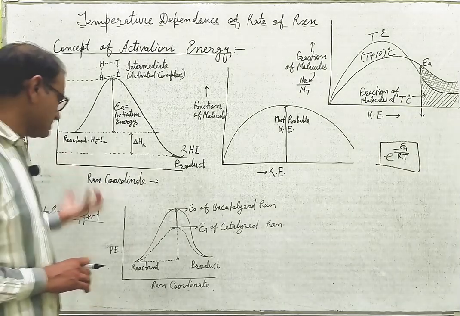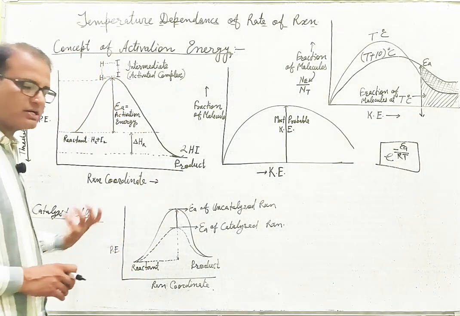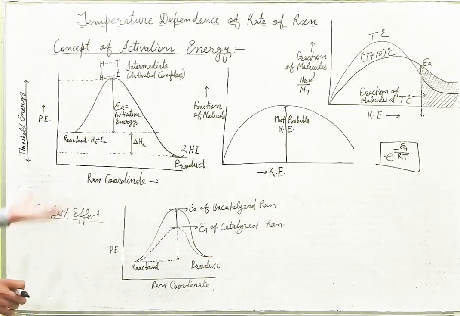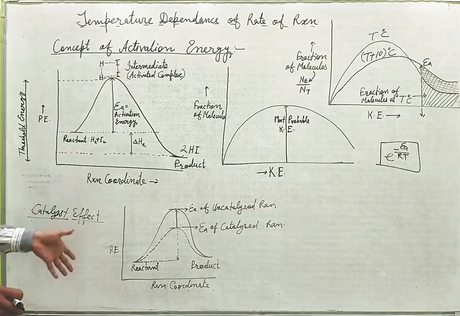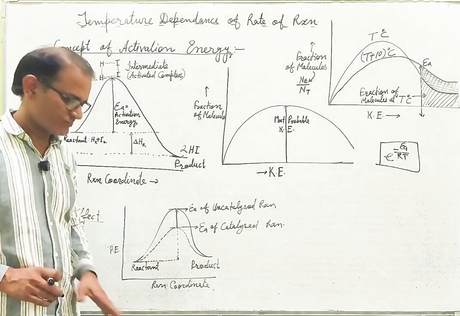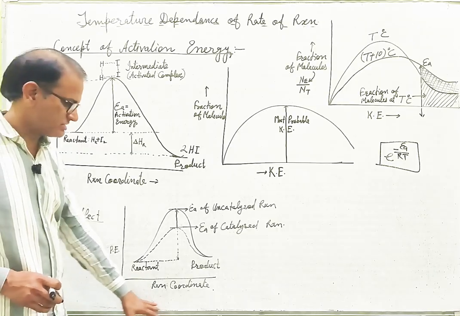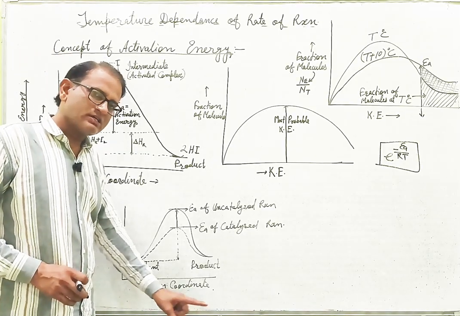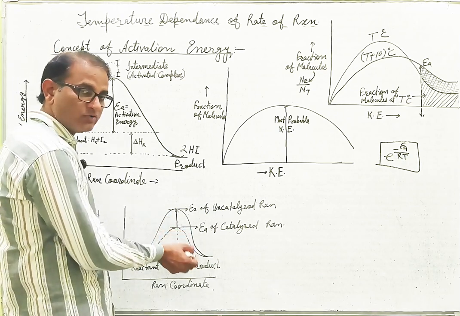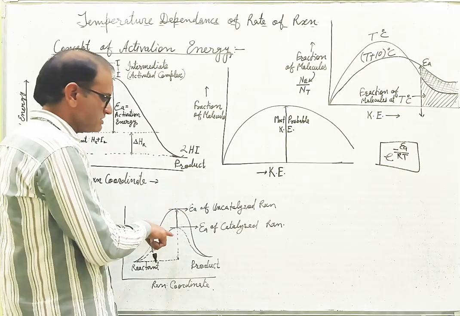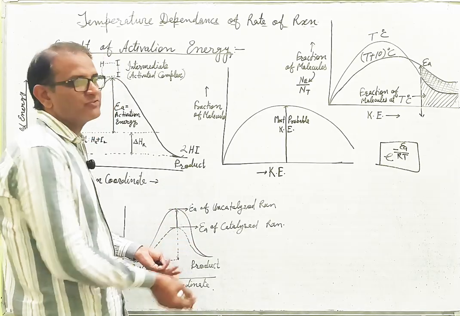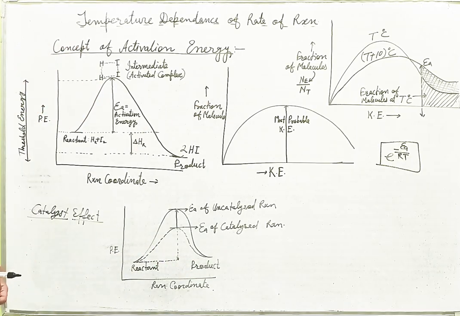And how does this catalyst work? How can a catalyst increase the rate of reaction? What does a catalyst do in a chemical reaction? It provides an alternative path of lesser activation energy for that reaction, and hence if the activation energy is less, of course the rate of reaction will be more.